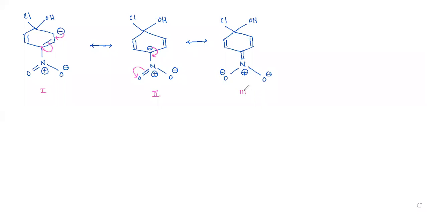This is a third one. Now again, towards this carbon, a negative charge, this is of course the fourth resonance structure.